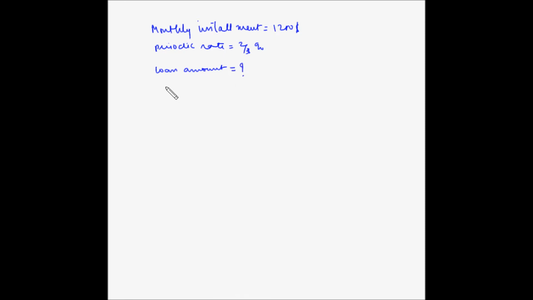Also, the tenure of the loan is equal to 30 years. So again, we'll use the formula for present value of an ordinary annuity. So PV is equal to A into 1 divided by I minus 1 divided by I into bracket 1 plus I to the power n.